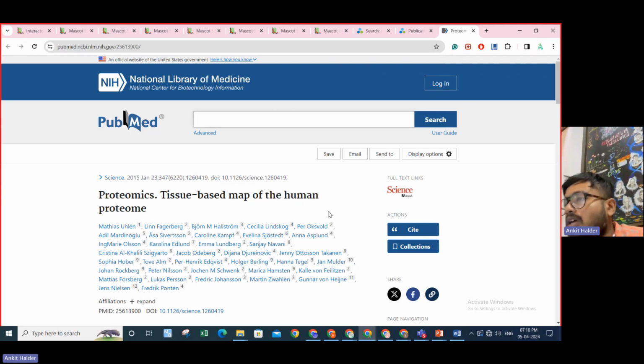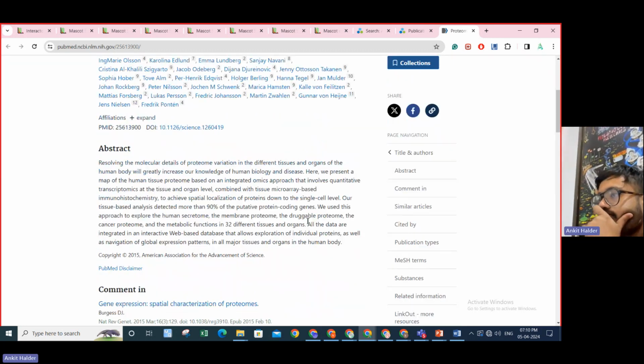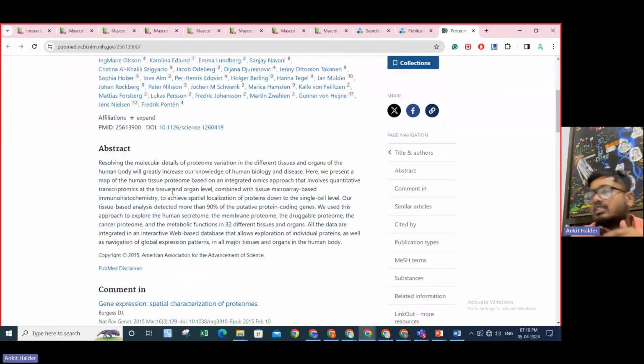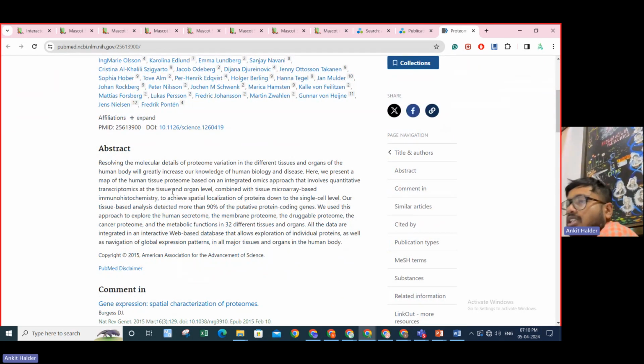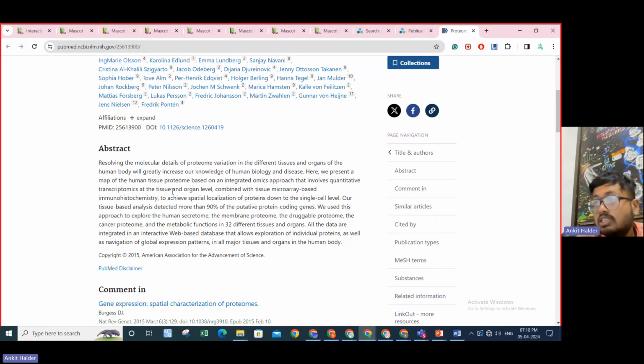Tissue-based map of the human proteome. Resolving molecular details in the different tissues will greatly increase our knowledge of human biology and disease. Here we present a map of the human tissue proteome based on an integrated omics approach that involves quantitative transcriptomics at the tissue and organ level, combined with tissue microarray-based immunohistochemistry to achieve spatial localization of proteins down to single cell level.